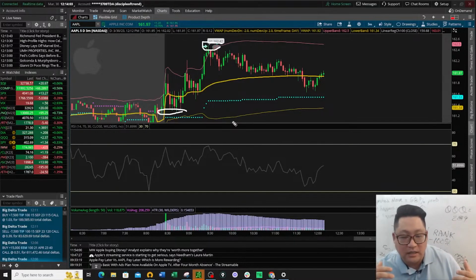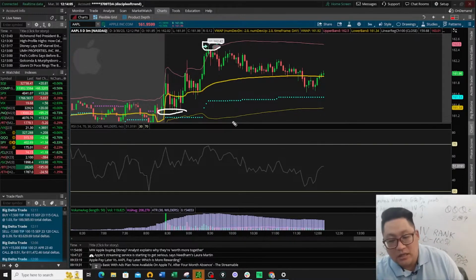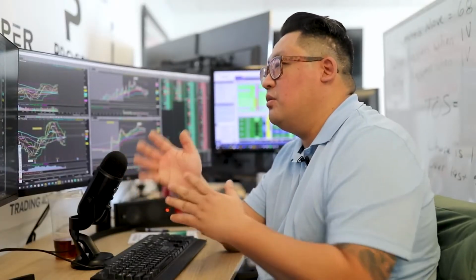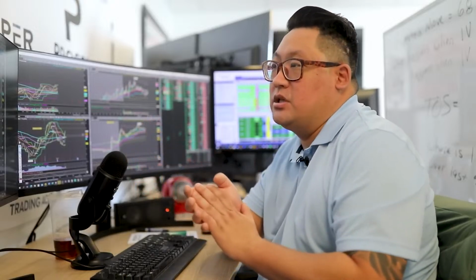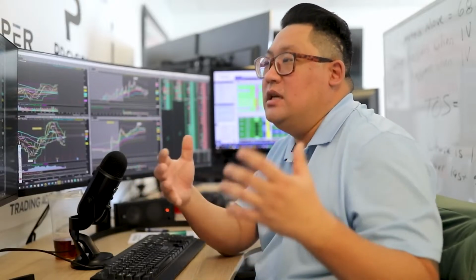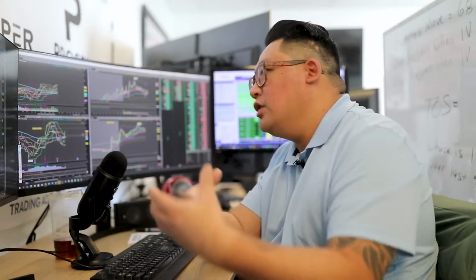This is where we can see a lot of participants get involved. And this is extremely important because when we recognize that participants are getting involved, that also means that there's a lot more volume coming in and pricing activity could kick up, and we could see extreme movements come into the picture.